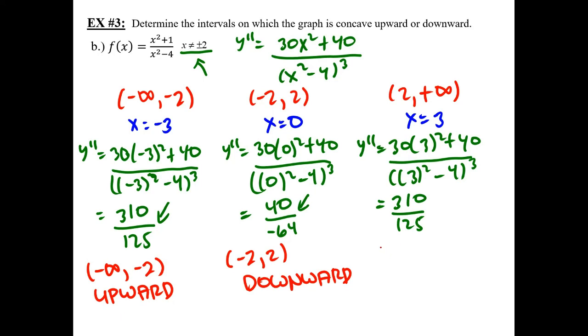So we have the interval 2 to positive infinity has a concave upward. Okay, so ganun gumamit ng second derivative test kung your goal is to determine which interval is concave upward or downward. That's all, and thank you for listening.